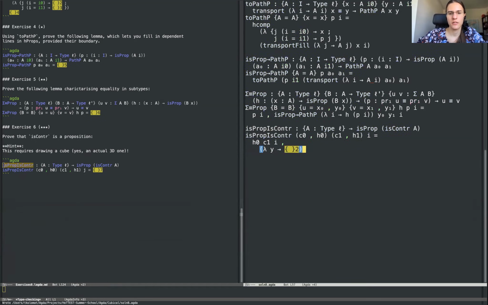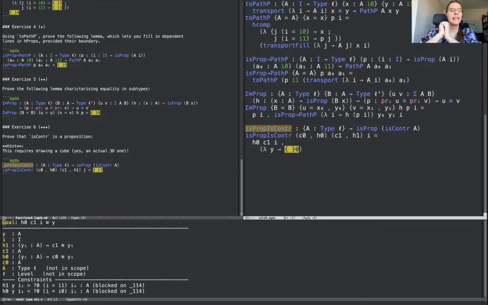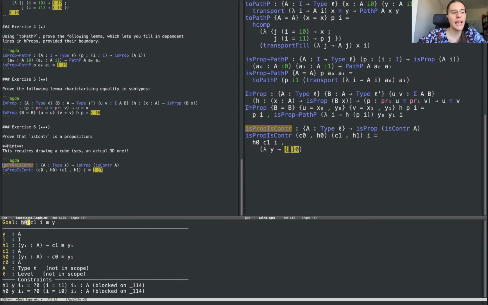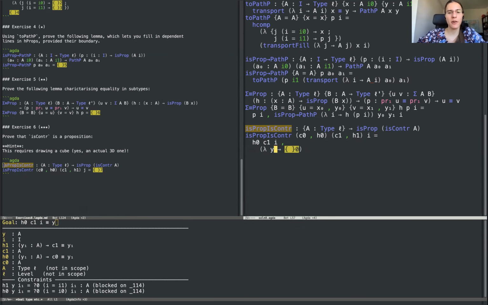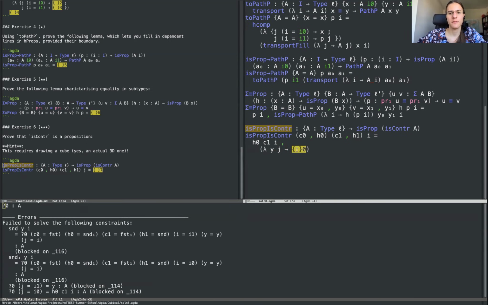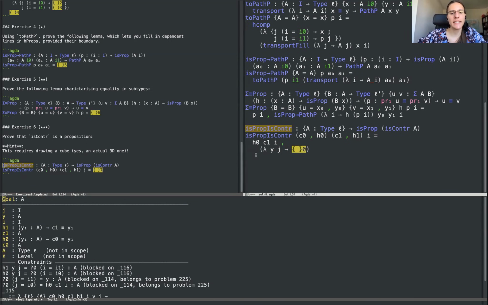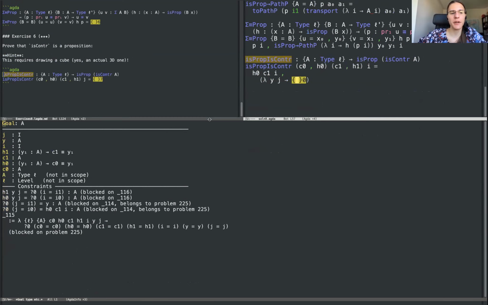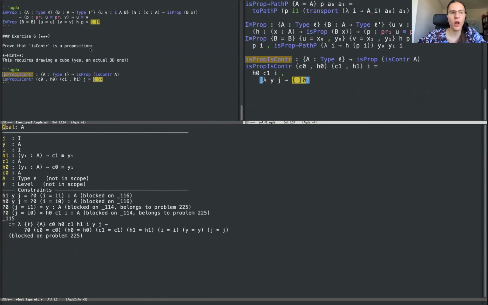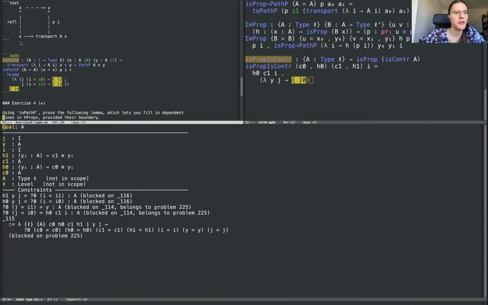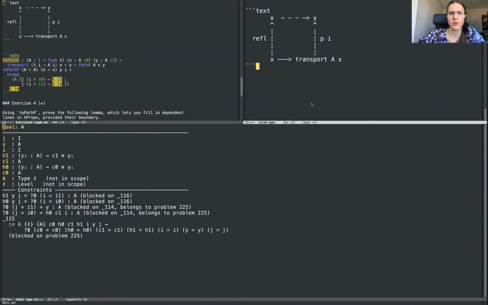And then what I need to do is I need a path from H naught of C1 of I to Y. Well, at this point, maybe I can also abstract over J. And what I see is that it's not being very compatible, but I can draw this cube out, because they have the boundary in a less useful way at the bottom.